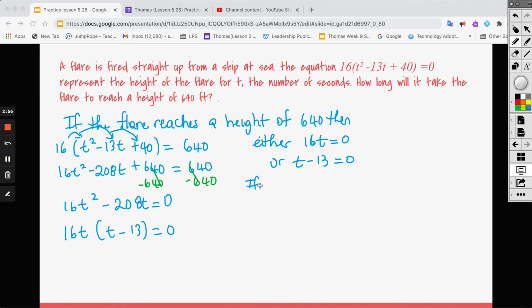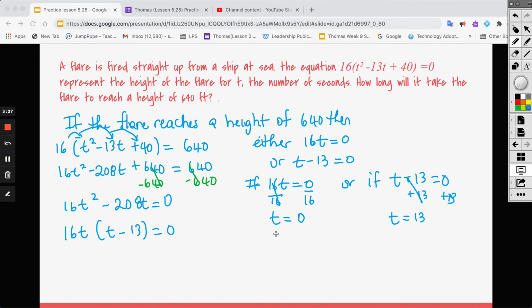If 16t is equal to 0, then if we're solving, we would divide by 16 on both sides. t is equal to 0, or if t minus 13 is equal to 0, we would add 13 to both sides. So it would mean t is equal to 13.